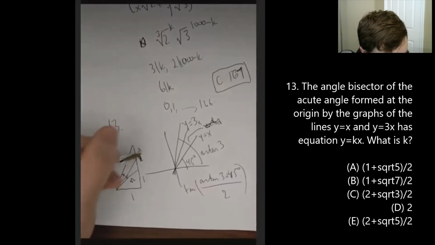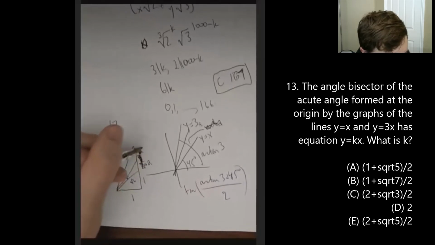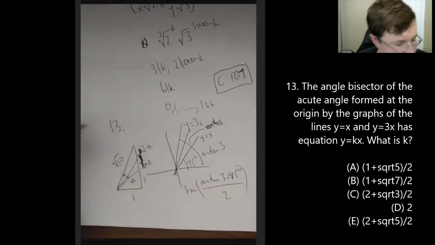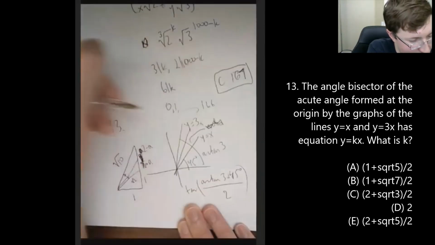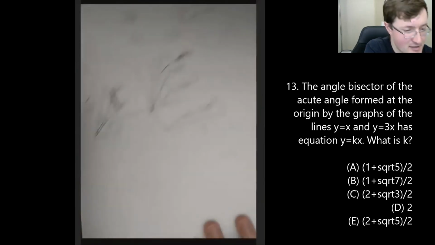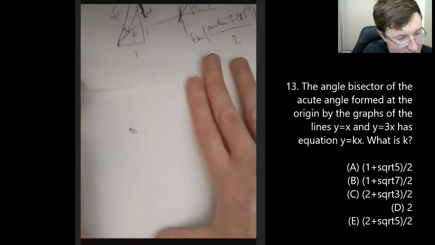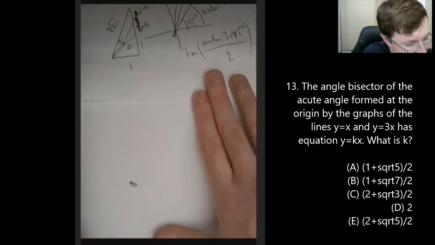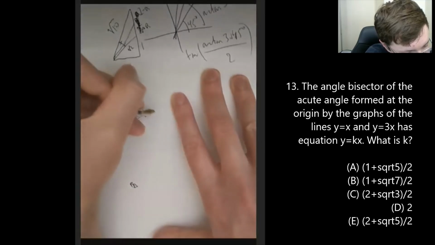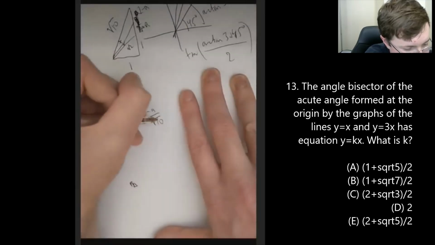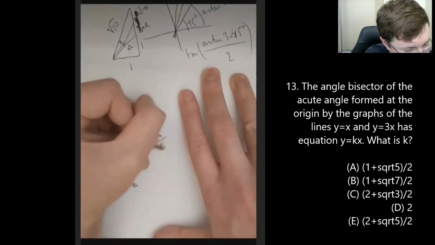So if this is A, this is 2, or maybe I should have A be down here. This is 2 minus A, and now this over this equals this over this. A over root 2 equals 2 minus A over root 10. So A equals 2 minus A over root 5.